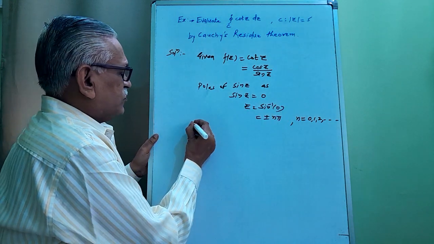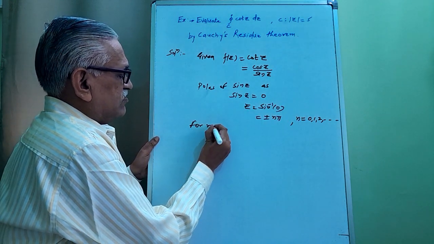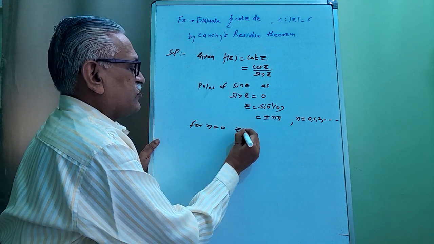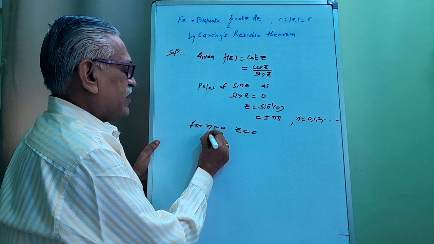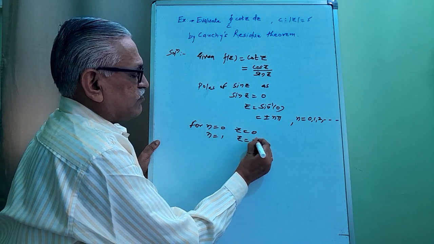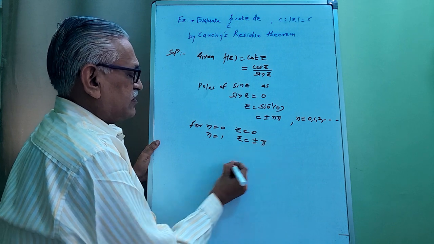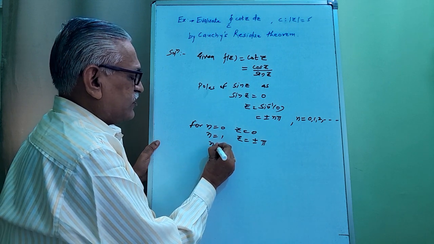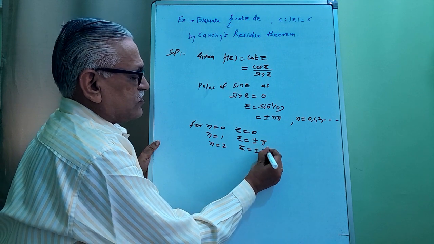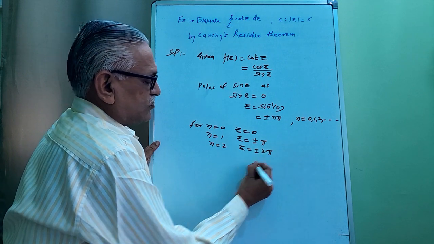For n equal to 0, we get z is equal to 0. For n equal to 1, we get z is equal to plus minus pi. For n equal to 2, we get z is equal to plus minus 2 pi and so on.